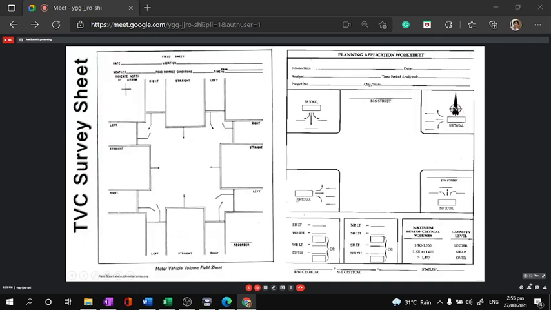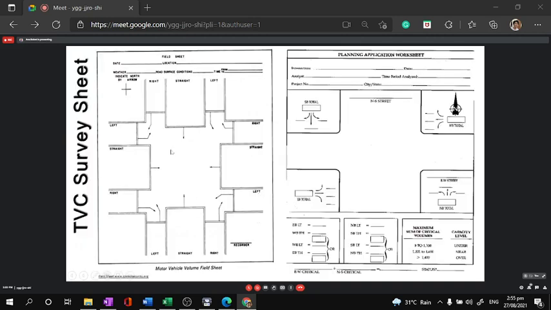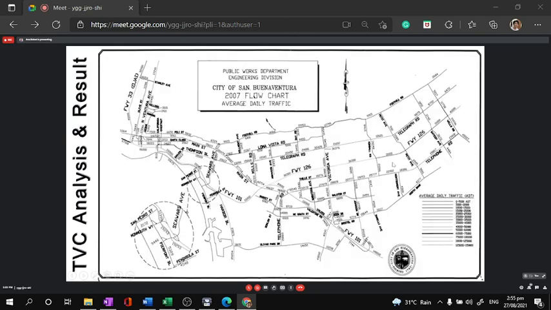If our survey is an intersection, your survey sheet looks like this. We count how many vehicles pass in each direction: right turn, left turn, and through or straight movement. And then this is the summary sheet once you have counted your total. So this is just an application of a survey sheet.